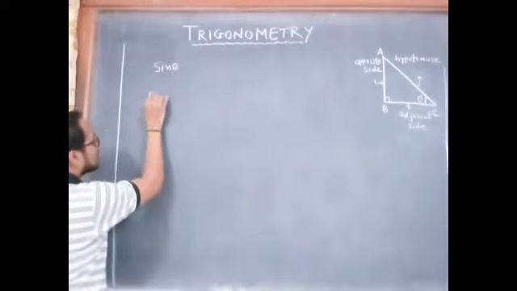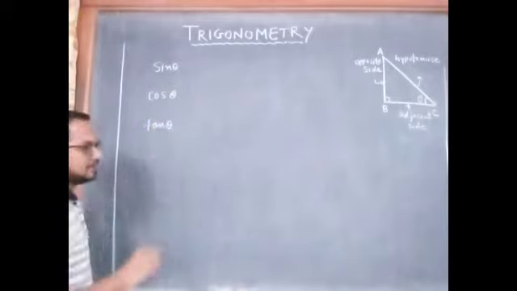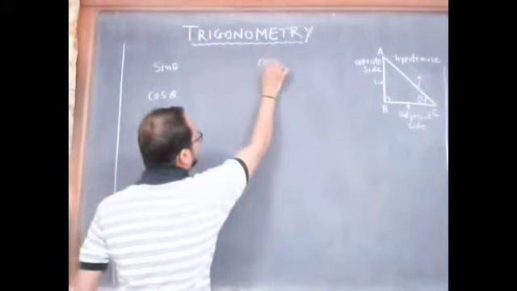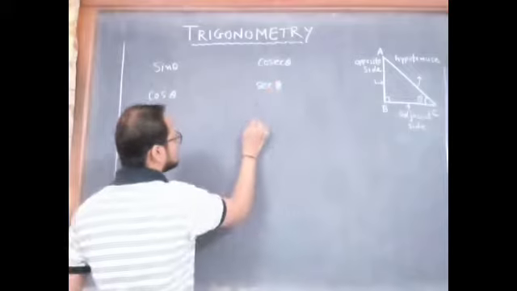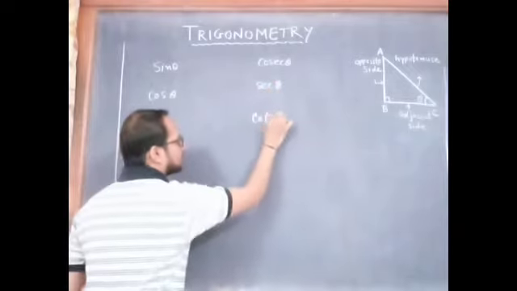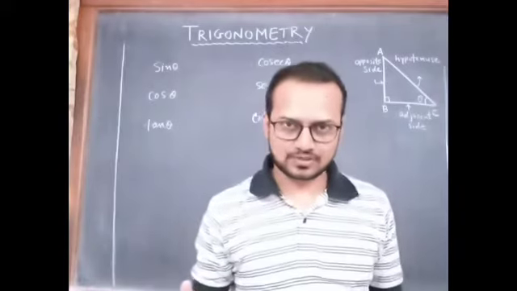Second is cos theta. Third is tan theta. Then cosec theta, sec theta, and cot theta. These are the 6 trigonometric ratios.